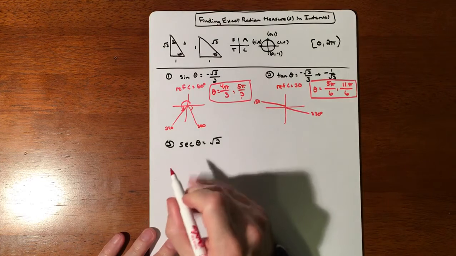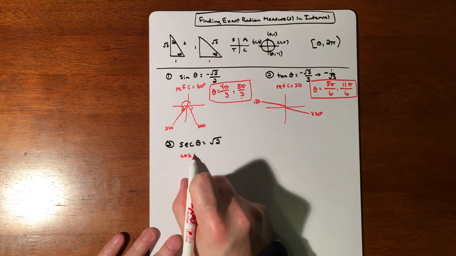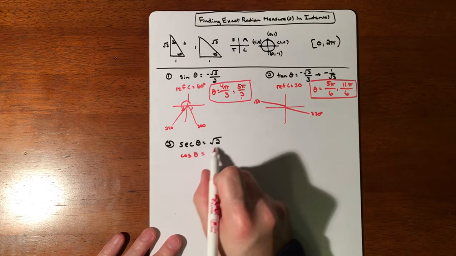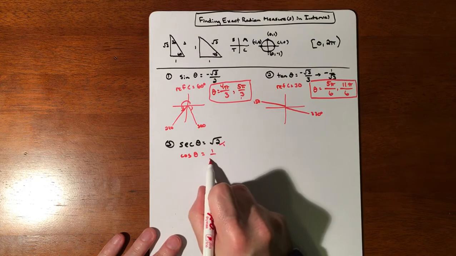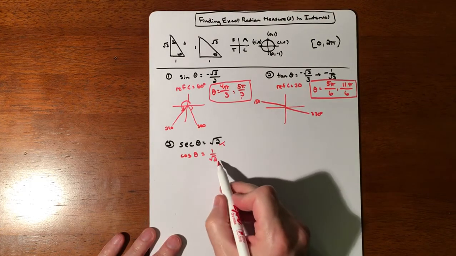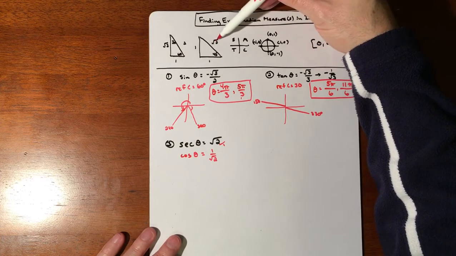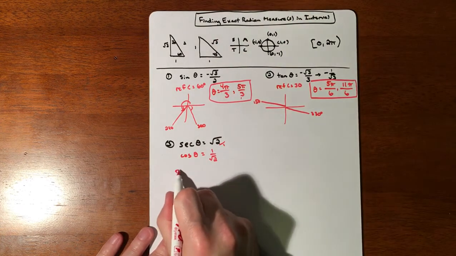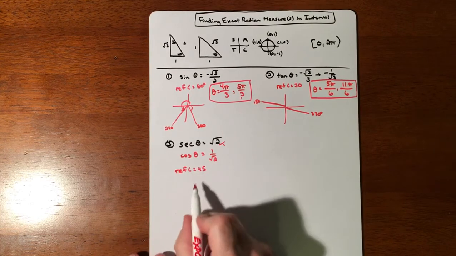If I'm really going to work this problem, I'm going to think of this as its reciprocal. Secant goes with cosine, and if we make this a fraction, we make it over 1. So we're really looking for a 1 over root 2. Cosine of 45 is going to be 1 over root 2. So the reference angle is 45.